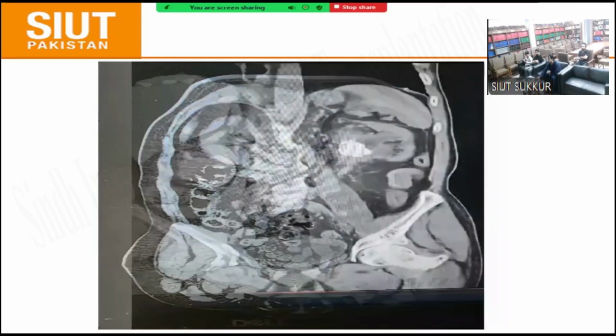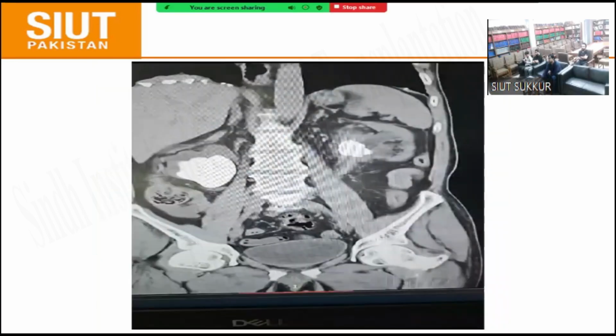So we have a few more images. Can anyone comment on this CT scan?